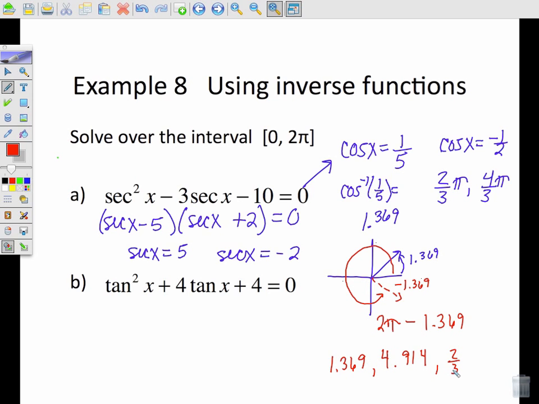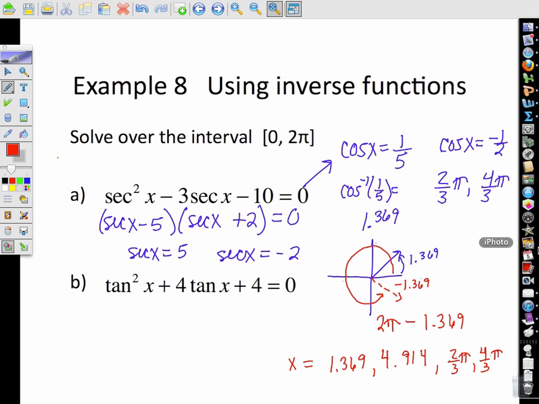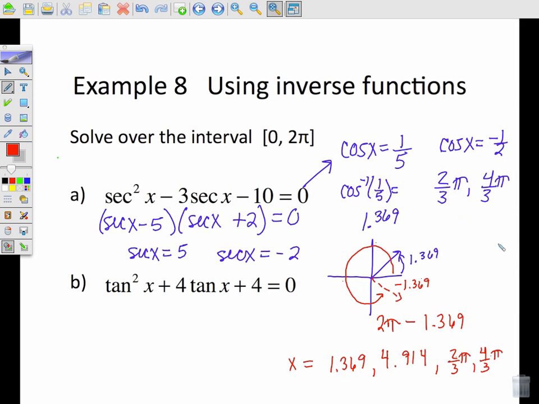So I've got my two parts of 1.369 and 4.914. Then I also have it at 2/3 pi and 4/3 pi. Those are all of my solutions, so this is what x can equal. And this is just for example A here. I solved my secant squared x by factoring. I used the inverses to find when cosine was going to equal 1/5 and negative 1/2.